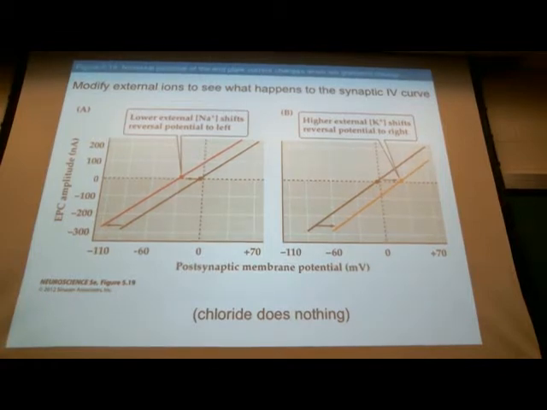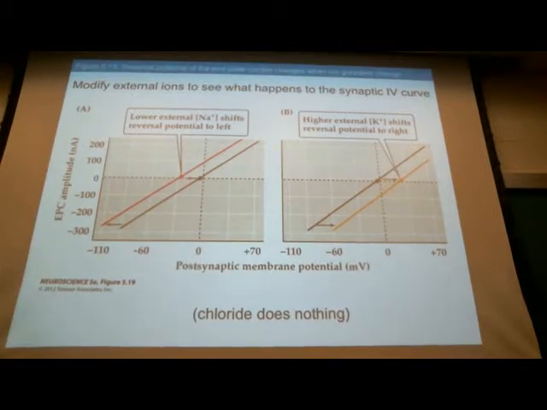Anytime you manipulate an ion concentration and you see a change in your measured response, you can infer that that ion has something to do with it, at the simplest level. Let's do another experiment where we increase external potassium.